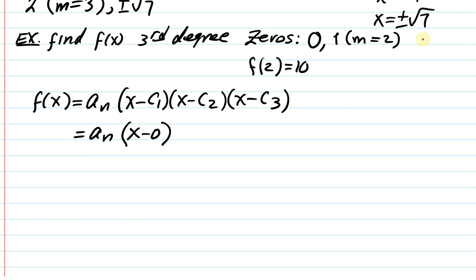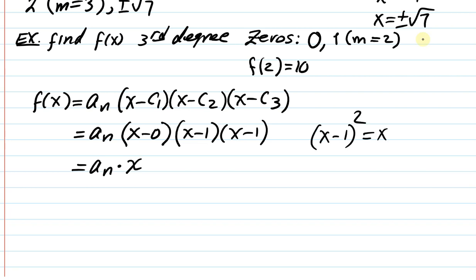The zeros are 0 itself and 1 with multiplicity of 2. So I have x minus 1, x minus 1. So what will this give me? Well, x minus 0, that's just x. And x minus 1 squared, because that's what these two are, is x squared, negative 2x plus 1, right?